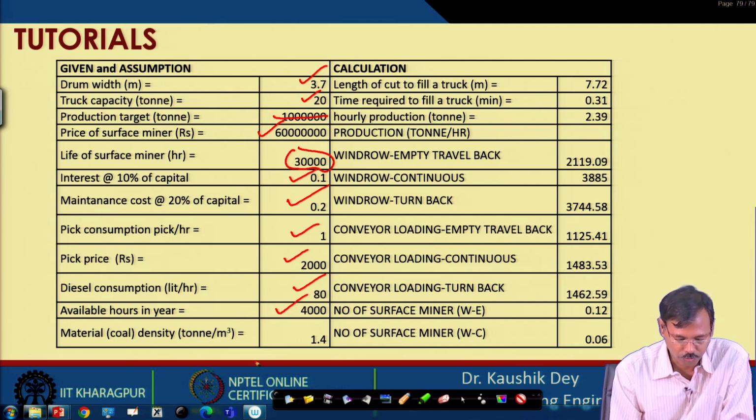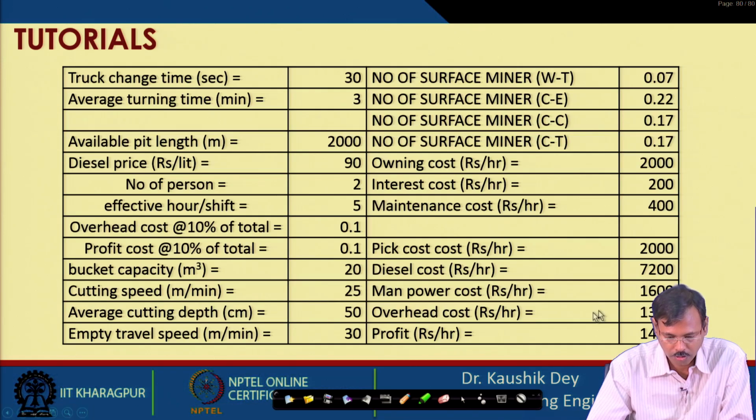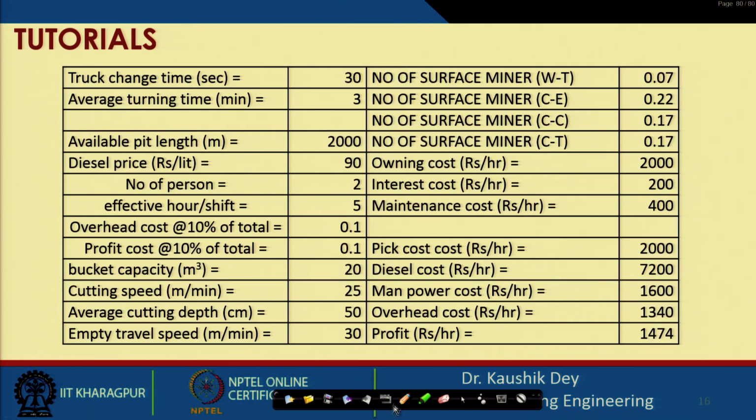Availability we have assumed 4000, material density we have assumed 1.4, and we have also assumed our truck change time, turning time, pit length, diesel price, number of persons, effective hour in a shift, overhead cost 10%, profit 10%.